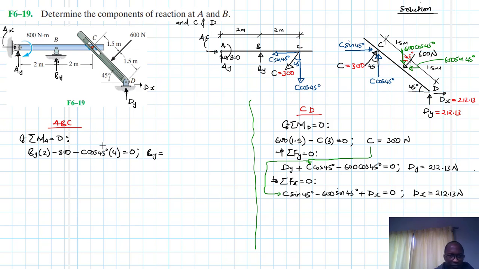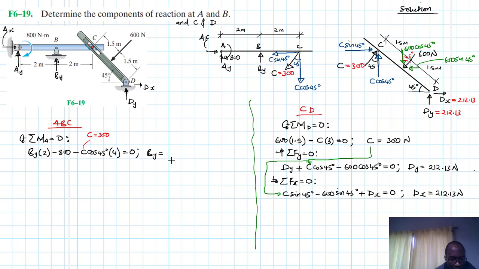Alright, so we know that C is equal to 300. Once we plug in all those values, we have minus 800 minus 300 cos 45 by 4, divided by 2.